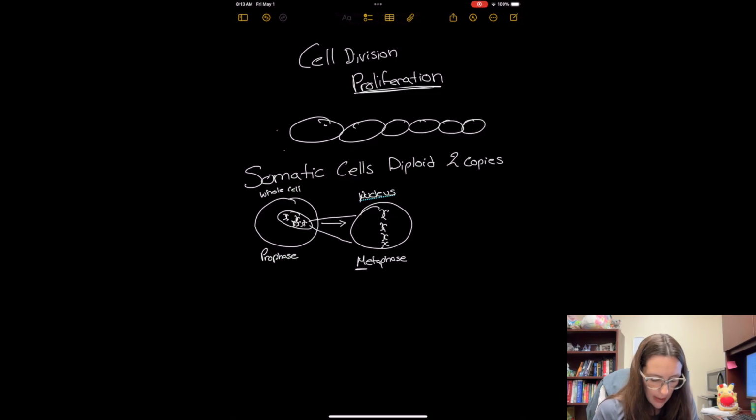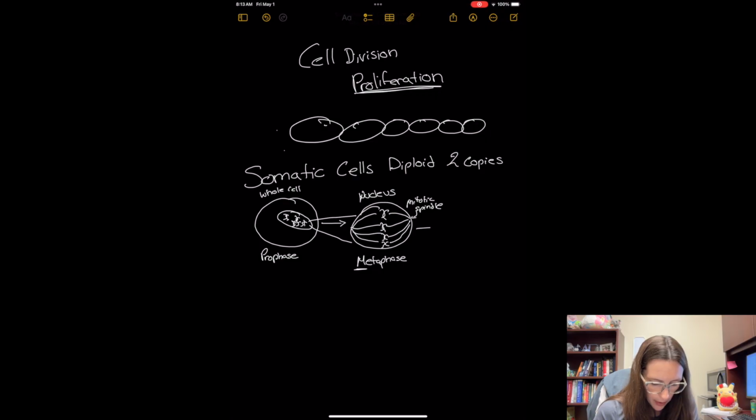Okay. And then once the DNA is all lined up, we are able to split them apart. The way we split them apart is by this mitotic spindle that attaches to the chromosomes. Okay, so this is the mitotic spindle. This mitotic spindle has been growing and is now fully established by this stage. Okay.